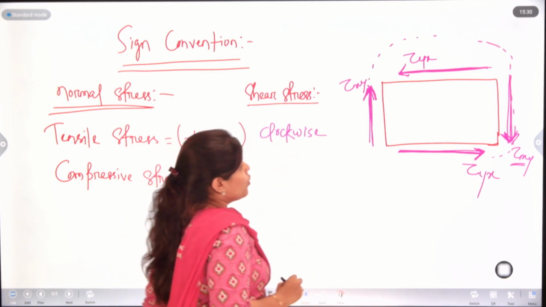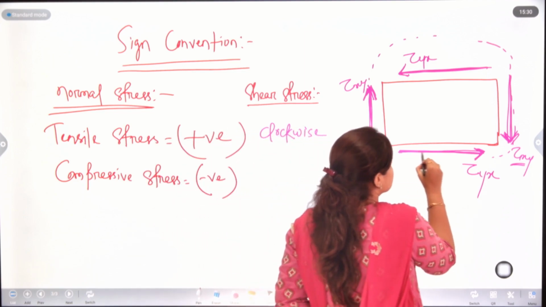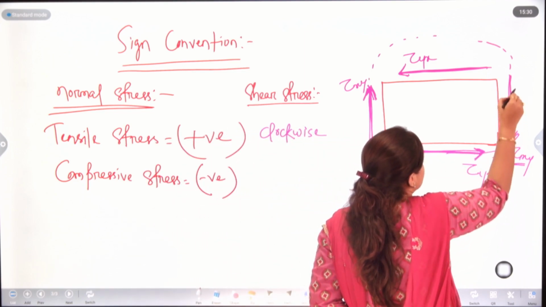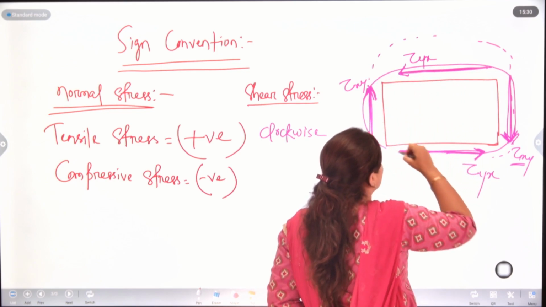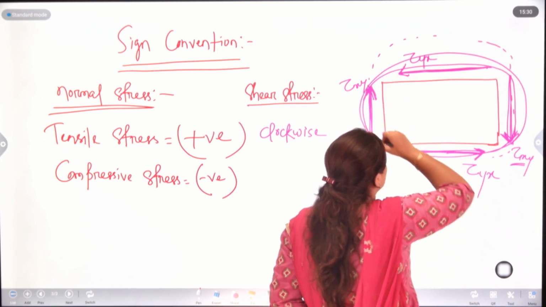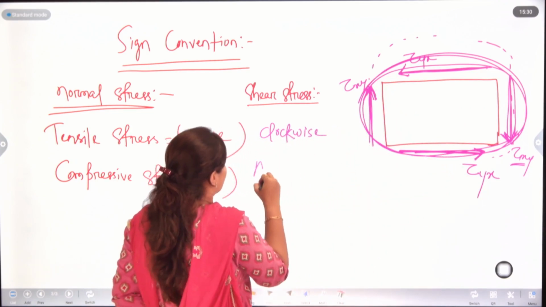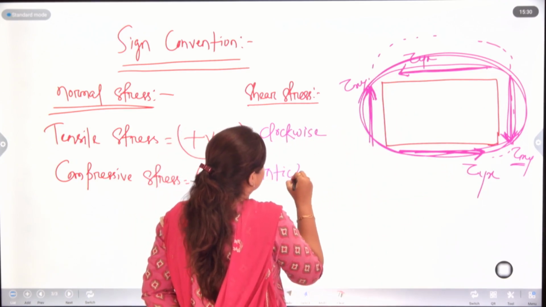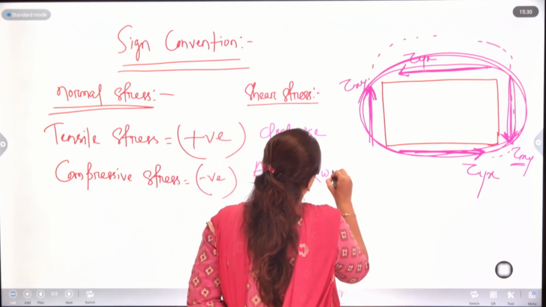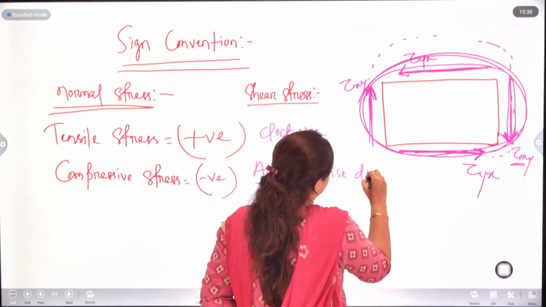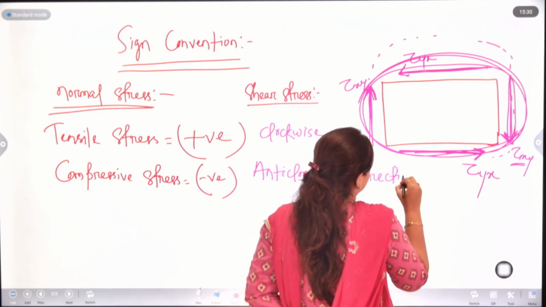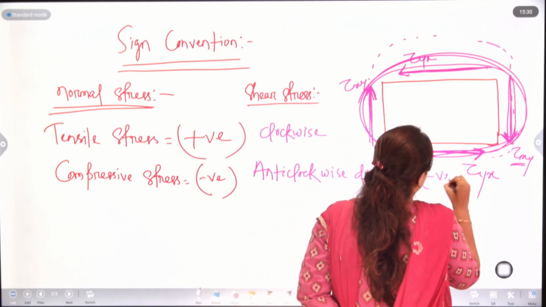We can see this tau yx is going in the anti-clockwise direction, so for anti-clockwise we will take a negative sign.